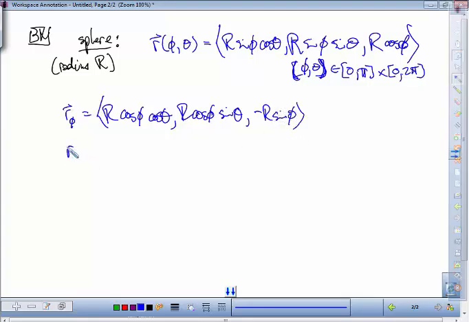I'm going to write it on top of each other because I'm going to eventually cross them. With respect to theta, cosine theta first, the derivative of cosine is negative sine, so I'm going to have a negative R sine phi sine theta. Derivative of sine is positive cosine, so that's just R sine phi cosine theta. And then the derivative of R cosine phi with respect to theta, since there's no thetas in there, it's all constant, so the derivative is going to be 0.